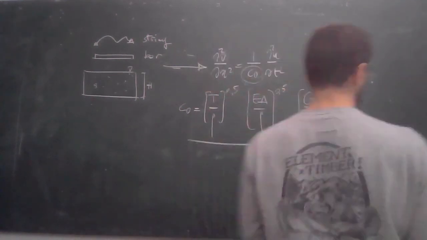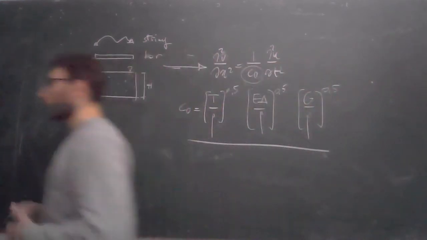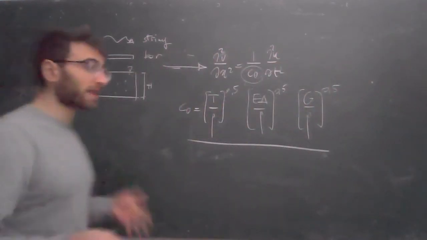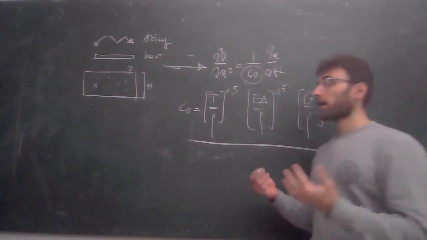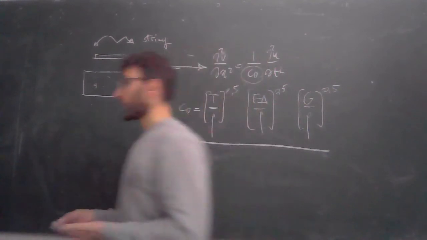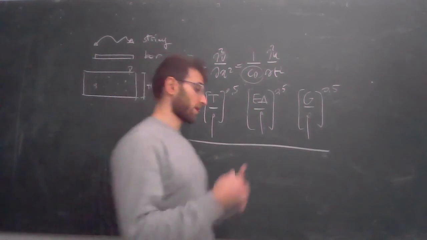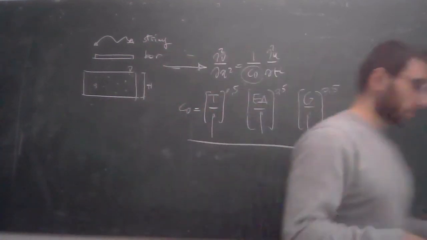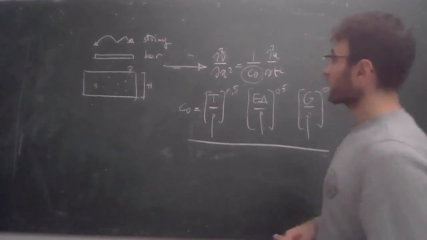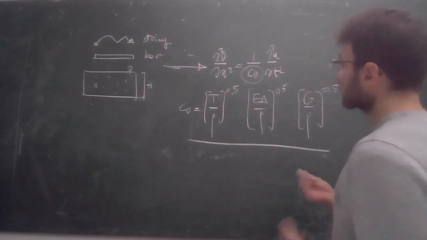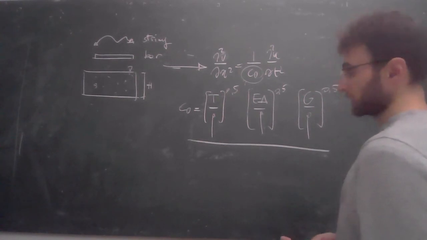You have to remember this, because when we deal with other more complicated phenomena, like the propagation of electromagnetic waves, we will find the expression of the phase velocity. But we will interpret this expression in the light of mechanics. So we'll interpret this equation as the ratio between elasticity and inertia.